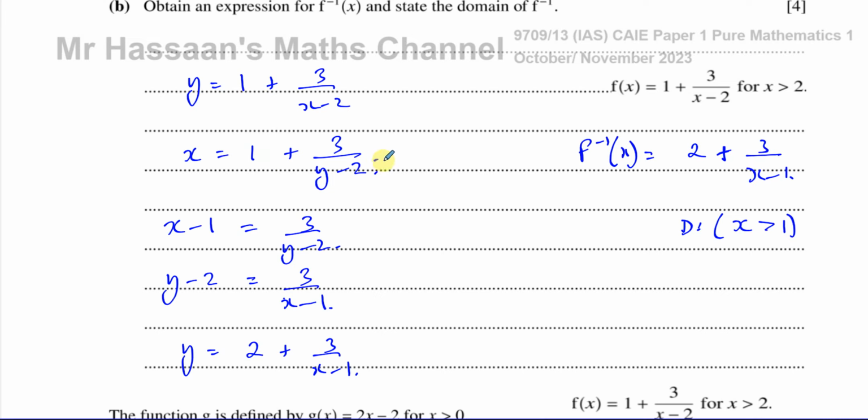And then they said x times y minus 2 equals 1 plus 3. It's like they completely ignored that there was a 1 there. They think that this y minus 2 is just multiplying the x. No, you multiply both sides of the equation by y minus 2. So you have x times y minus 2, and you have 1 times y minus 2. So it should become 1 times y minus 2.